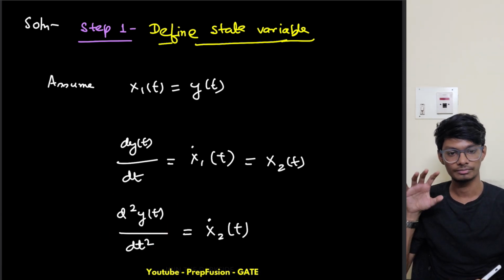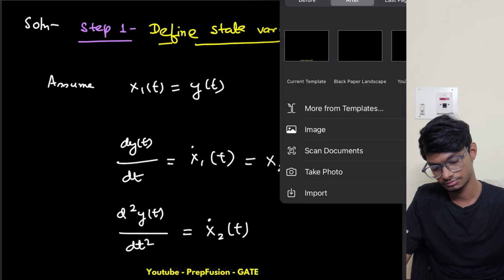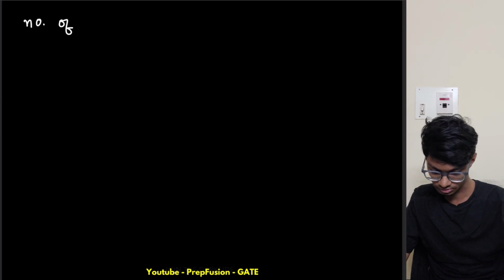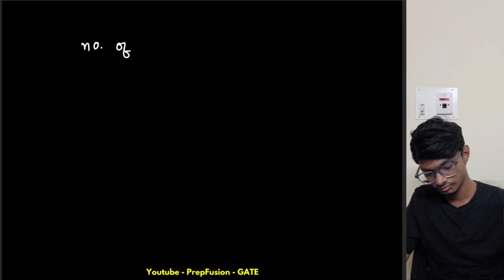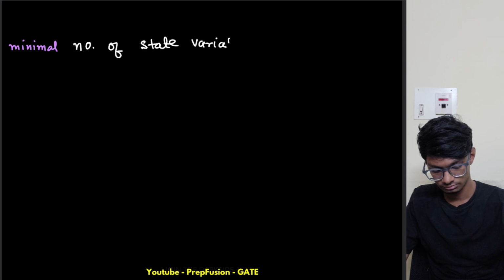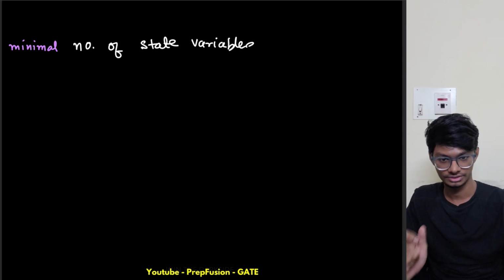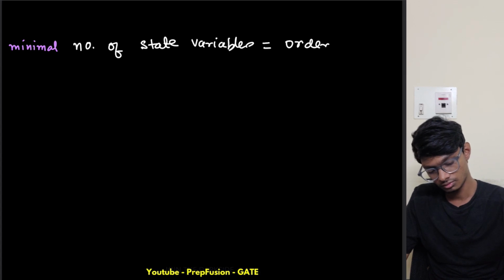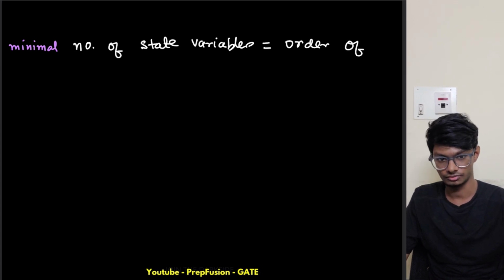So this is the minimal set: the minimal number of state variables simply equals the order of the differential equation.